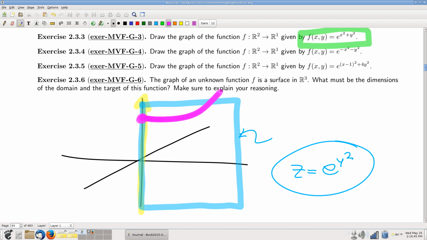So it's kind of like that. And as y approaches infinity, this function approaches infinity. Okay. So our surface is what you get when you take that curve and rotate around the z-axis.